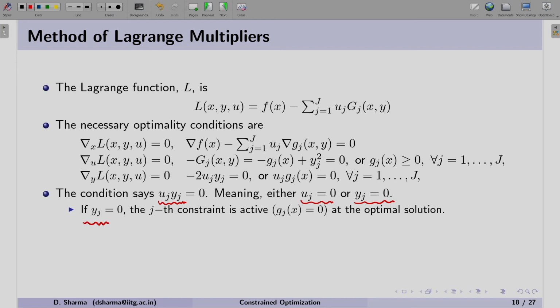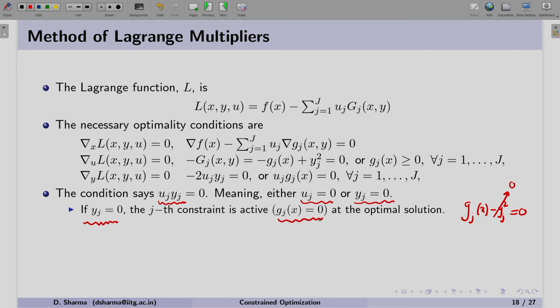If yj equals 0, meaning that the slack variable is 0, and we rewrite our constraint, this says that gj of x minus yj square is equal to 0. So, this condition says that yj is 0, meaning that gj of x is going to be 0.